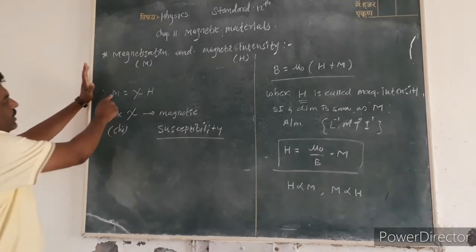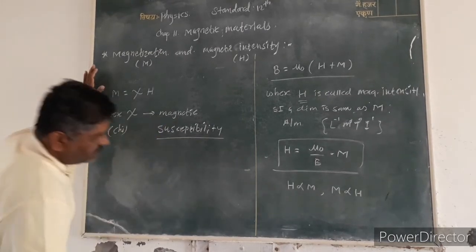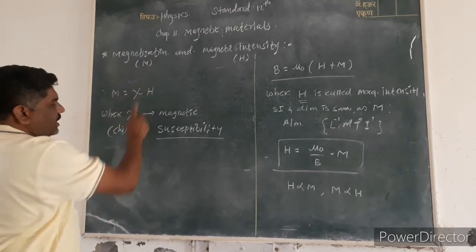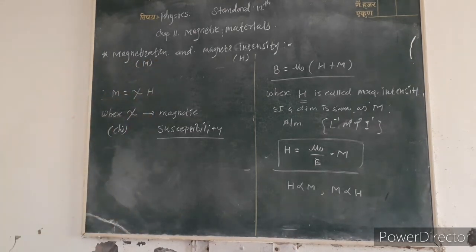The relation between M and H is directly proportional, hence M is equal to psi into H, where M is the magnetization and H is the magnetic intensity.